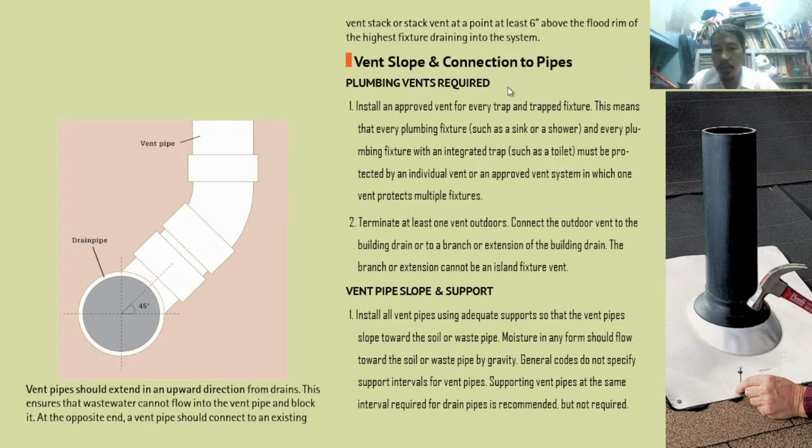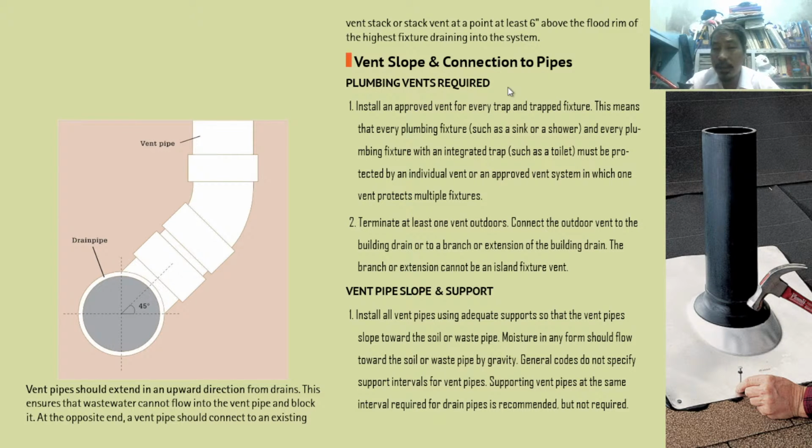This means that every plumbing fixture, such as a sink or shower, and every plumbing fixture with an integrated trap, such as the water closet, must be protected by an individual vent or approved vent system in which one vent protects multiple fixtures. So this is a code provision. Each and every.